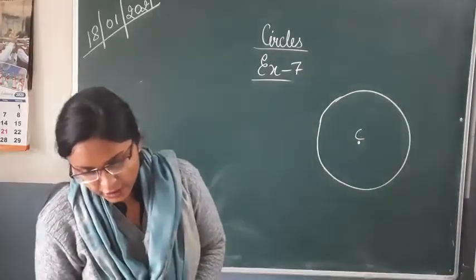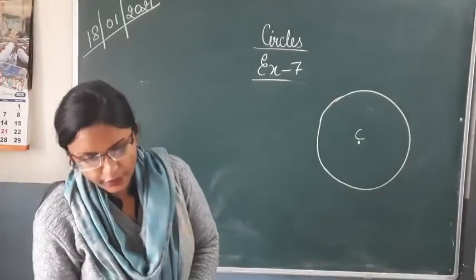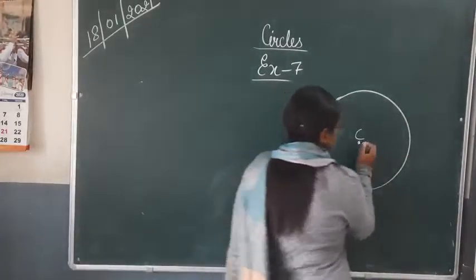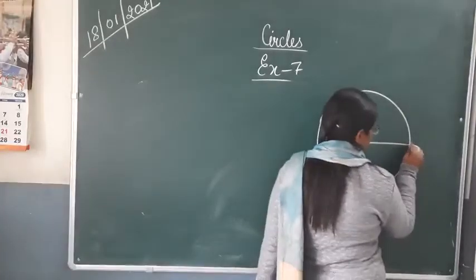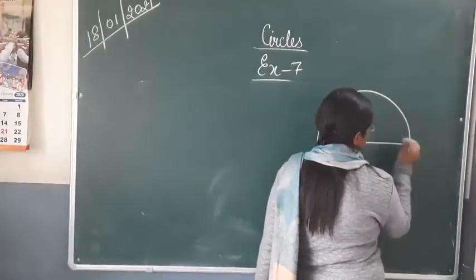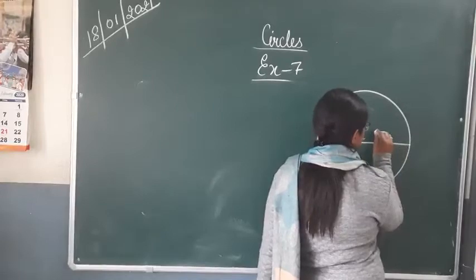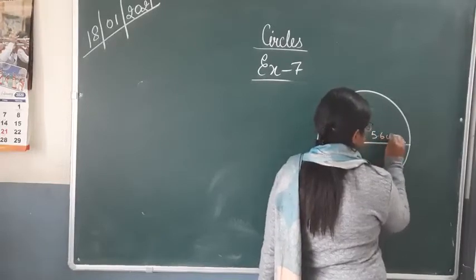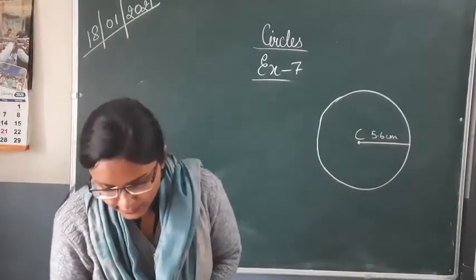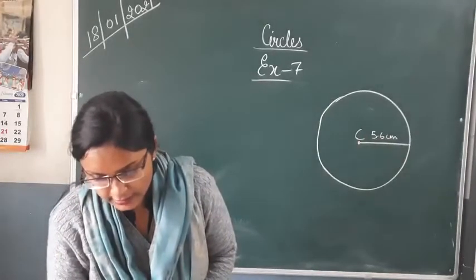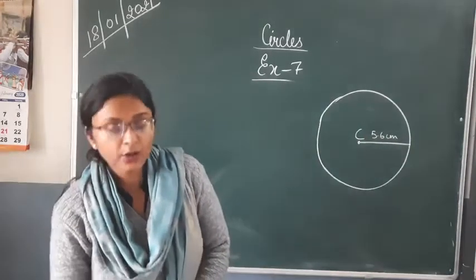C is the center of a circle of radius 5.6 centimeter, and the radius means, suppose there is a point on the circle, then the distance between this point and C is 5.6 centimeter. It is given in the question. A and B are 2 points on the circle such that A, B, C are collinear.